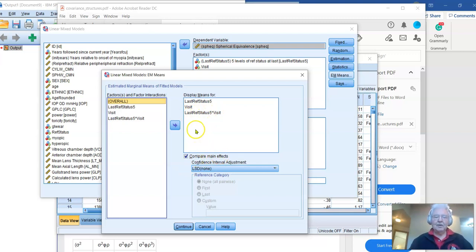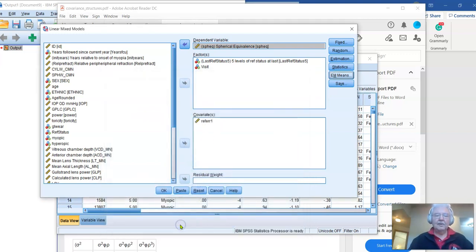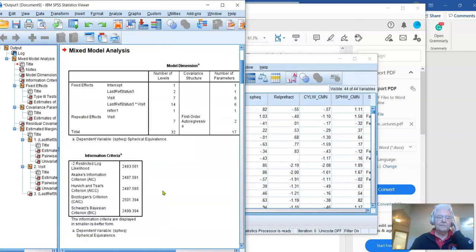Unless we do our little hack with this, we're not going to find the differences there. Okay, all right, so there we go. I think that's everything.